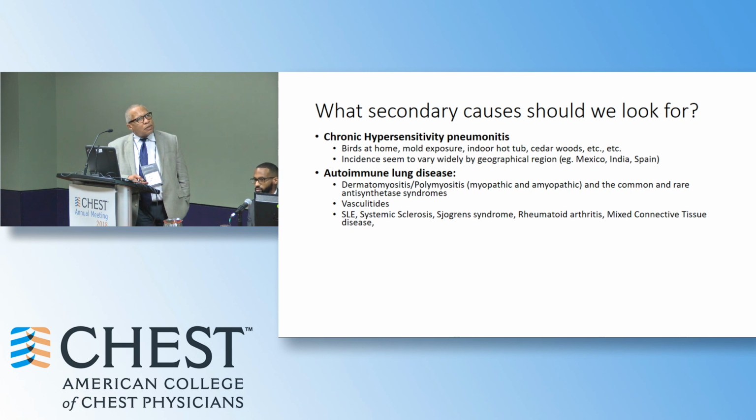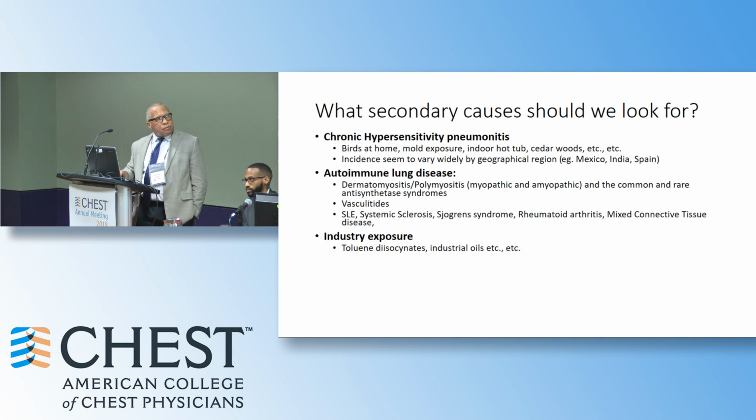But dermatomyositis and polymyositis, particularly if amyopathic, will very often end up in your office first with the diagnosis of presumptive IPF. And if you're not careful in exploring for these diseases, you'll miss that. The vasculitides are important, as well as lupus, systemic sclerosis. Probably systemic sclerosis is more important than lupus, Sjogren's syndrome, et cetera.